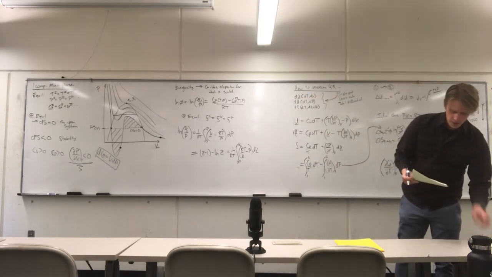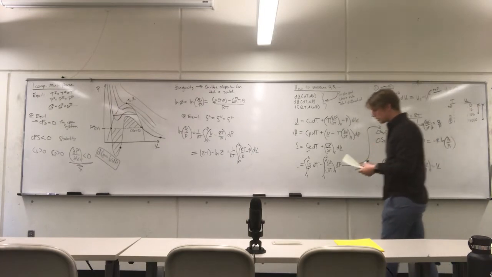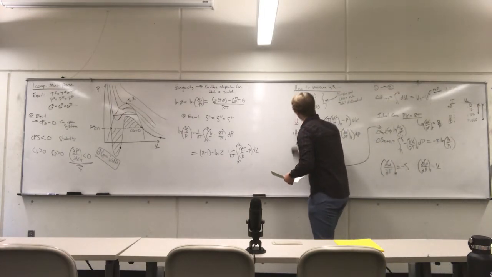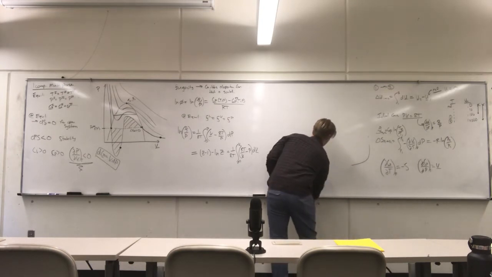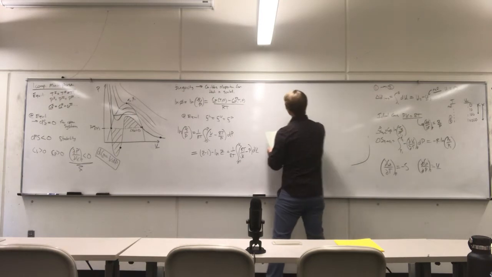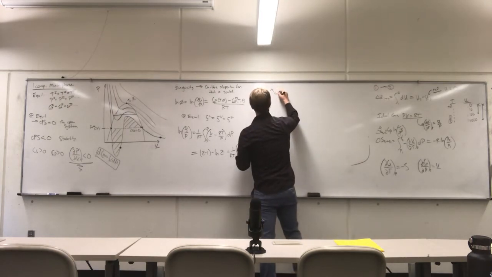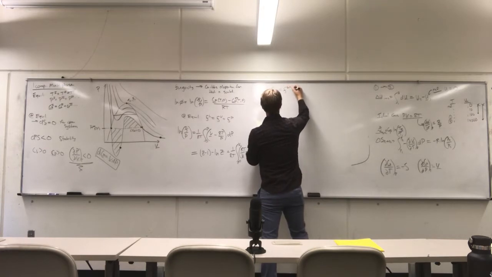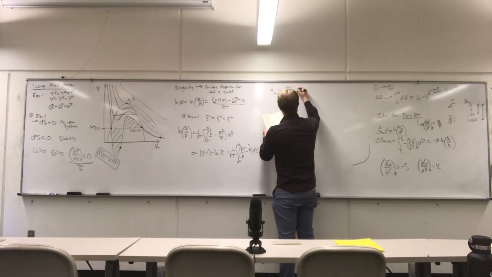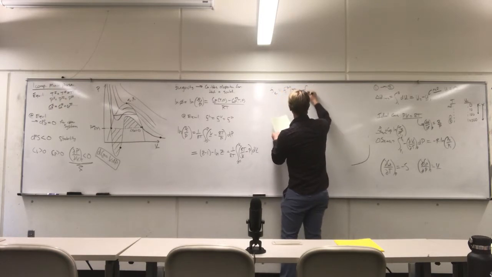Okay, we talked a little bit about liquids and solids for fugacity. For the most part, we talked about Poynting corrections. So the fugacity of a liquid is going to be equal to the fugacity of the saturated system with an additional term.